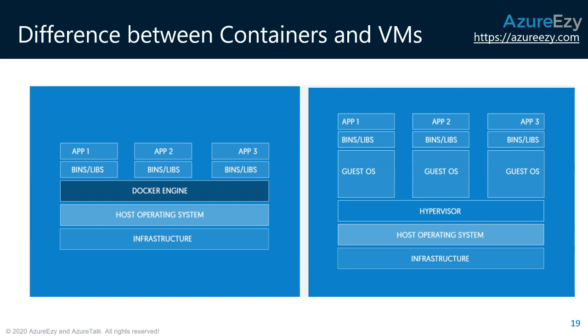The Docker engine uses the host operating system kernel to use the operating system features. You provide your application and its dependencies to the Docker engine, and it takes care of it, using the host operating system kernel to run your application.